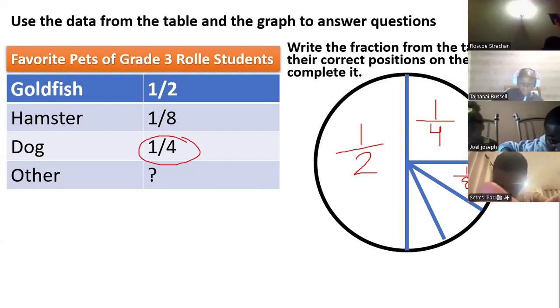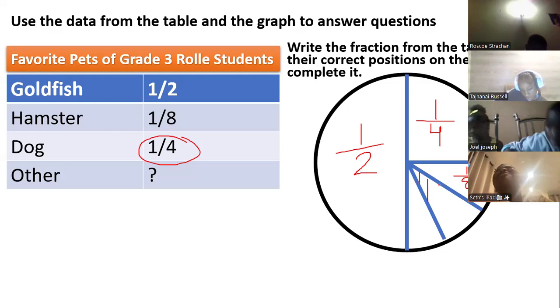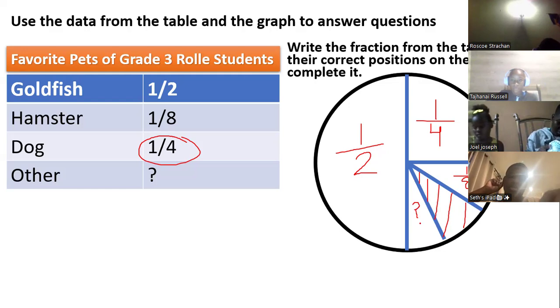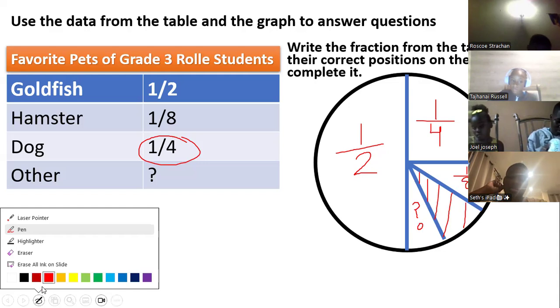Now let's say this is shaded, and there's a question mark on this one, and there's also a question mark on this one as well.